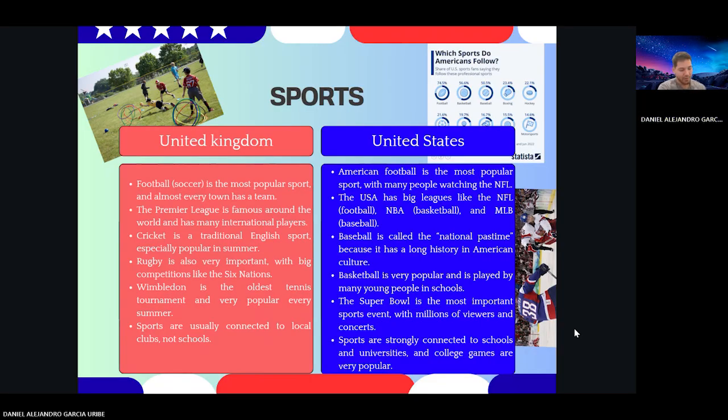We watch a lot of sports and college games. I can notice they are also popular because they have a connection to the major league, right?